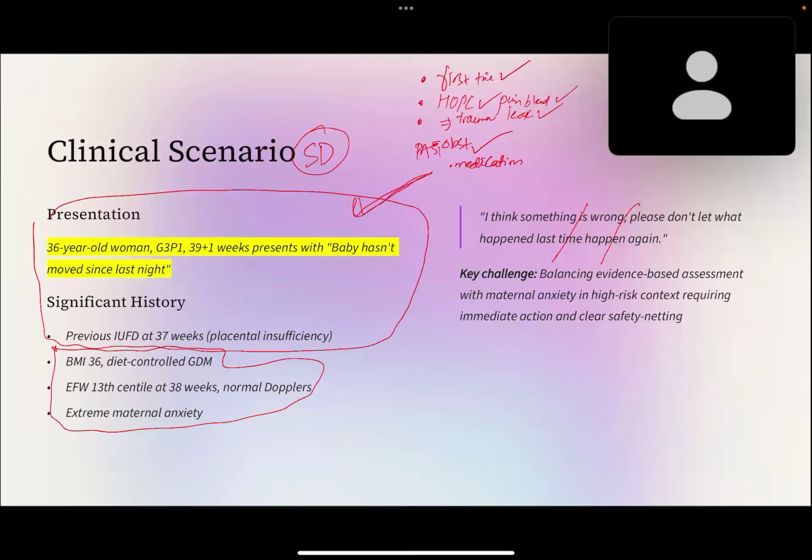For the previous pregnancy, I would ask what was the cause and the mode of delivery, and how was it managed? And did she have reduced fetal movements in that pregnancy as well?